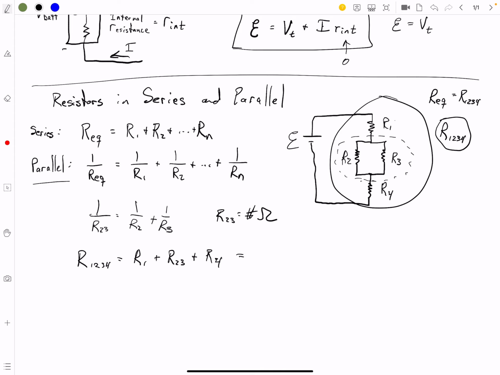So that makes it easy, and that's our R equivalent for the circuit. So you want to do it that way when you get a chance to keep it simple. Just basically cut it all up into little pieces and parts and add the little pieces and parts in. Okay? So that is resistors in series and parallel.